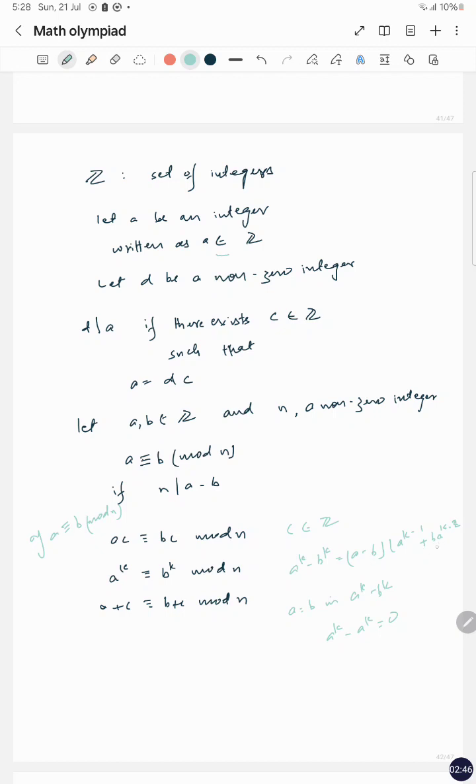So these terms will get cancelled, and the second one would be, so the powers of B will keep increasing and powers of A will keep decreasing till B to the power K minus 1. So in congruence notation, it can be written as A to the power K is congruent to B to the power K mod N.